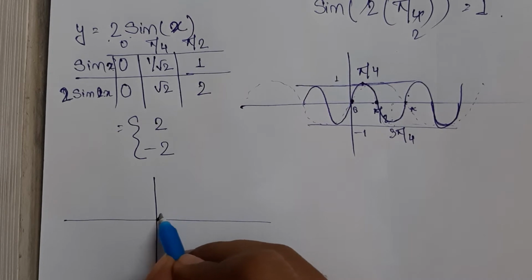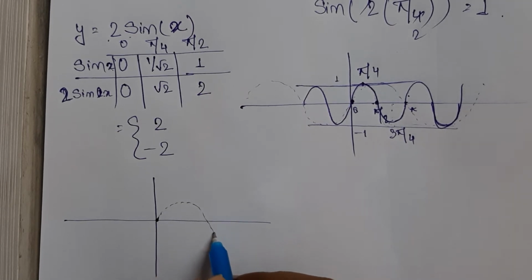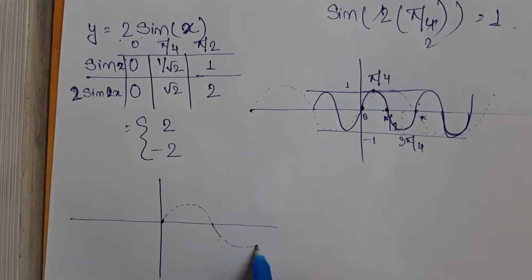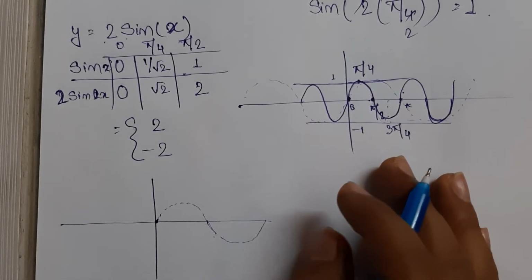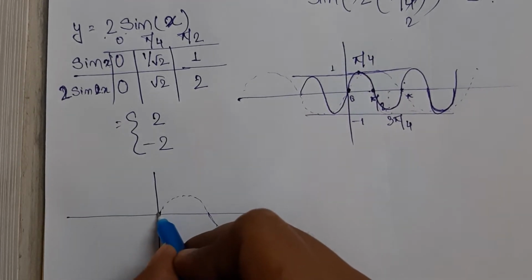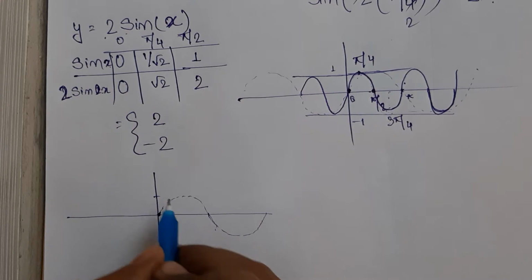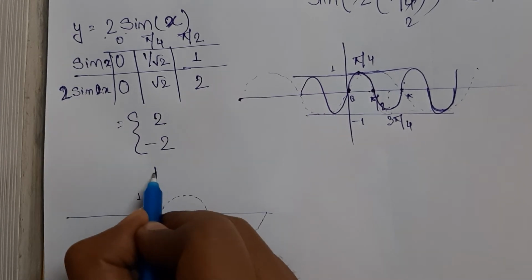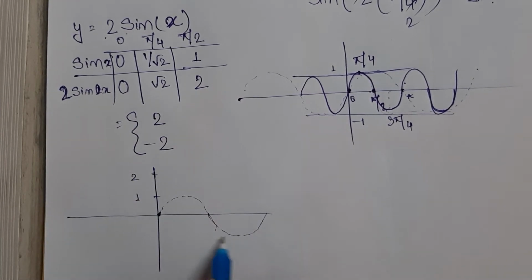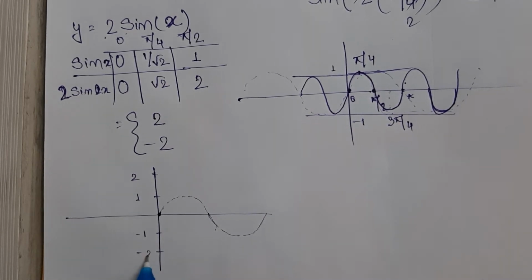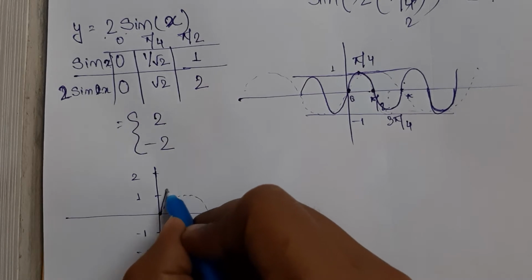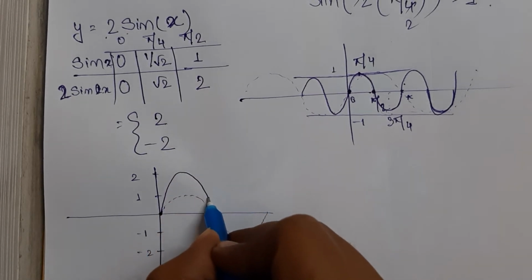So let us suppose the original sin x graph is like this, right? Now in this case, here it is 1, the maximum height is 1. Suppose here it is 2, and the minimum height is here -1, and here it is -2. So now there is a change in altitude.